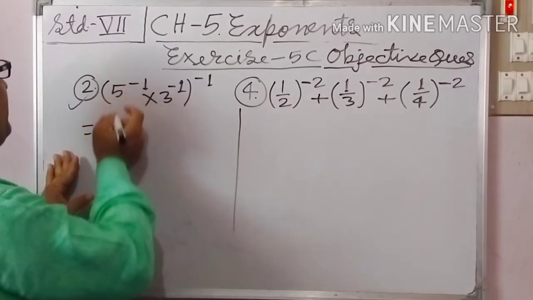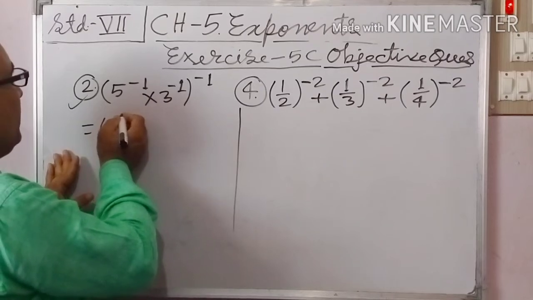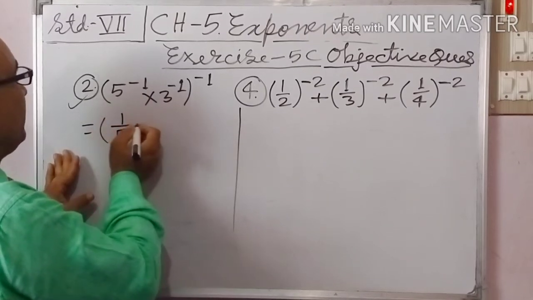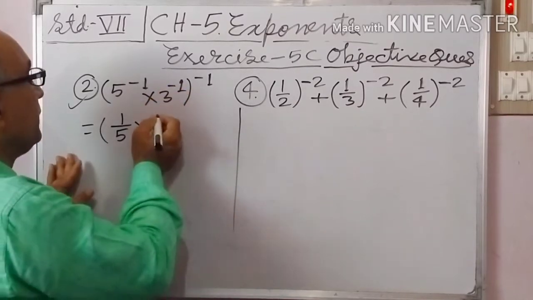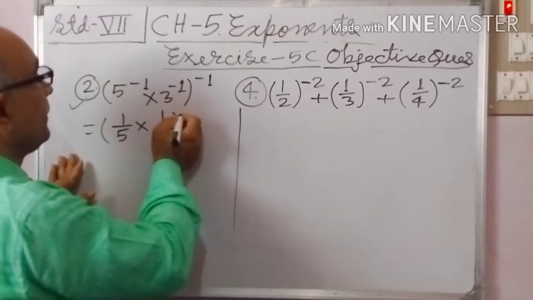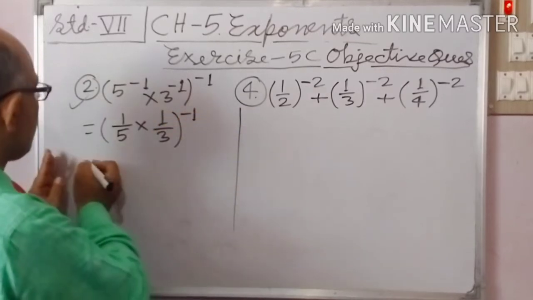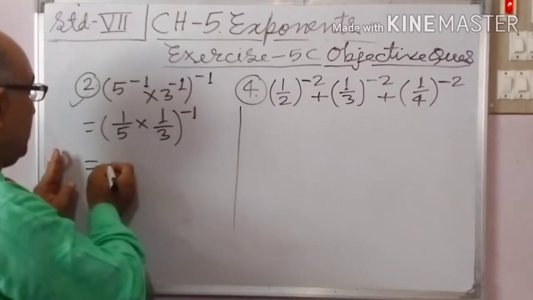5 to the power minus 1 equal to 1 by 5, into 3 to the power minus 1 equal to 1 by 3, whole power minus 1, equal to 1 by 5 into 1 by 3.